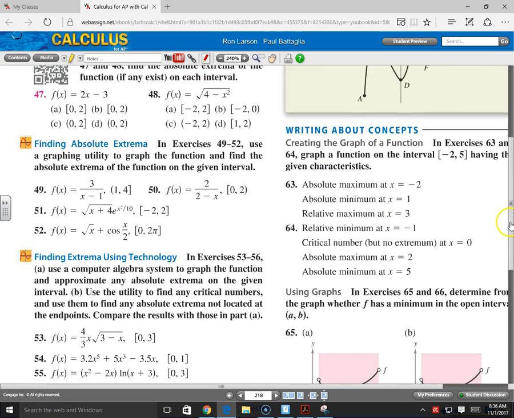Yes, if it says critical numbers, absolute extrema. Yes, use second trace, but if an endpoint is higher or lower than a max or a min, don't you need to also use value? Oh, so not just the max and min, but you might also have to plug in the endpoint and say, wait, the endpoint goes higher, so don't use the max or min, you're going to have to plug in the endpoint to find the y. Does that make sense? Okay.